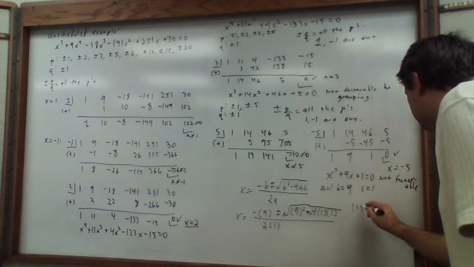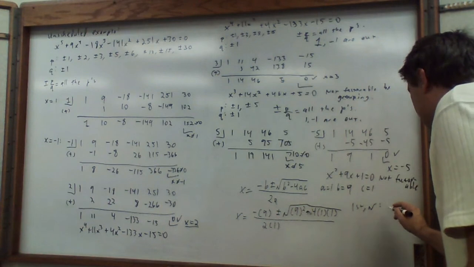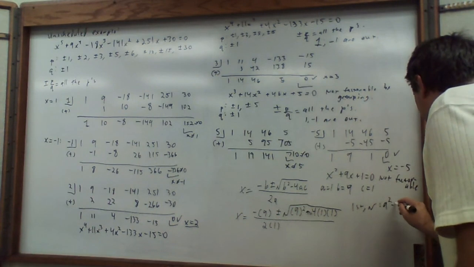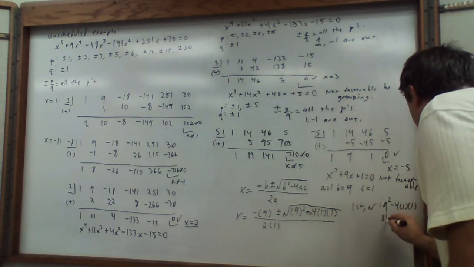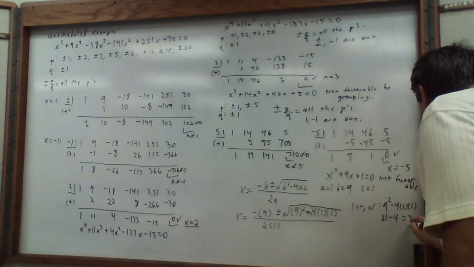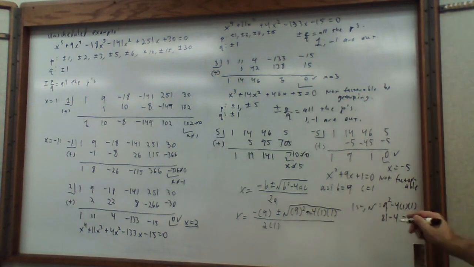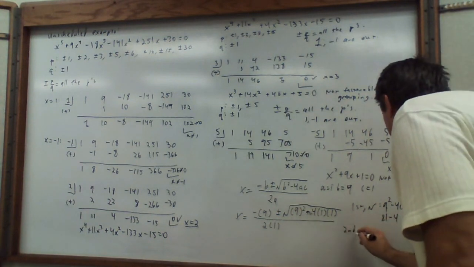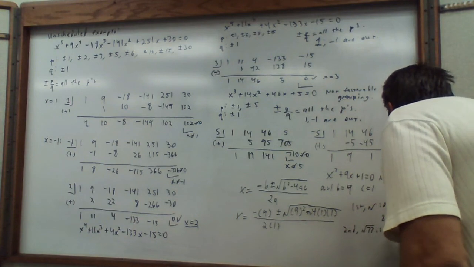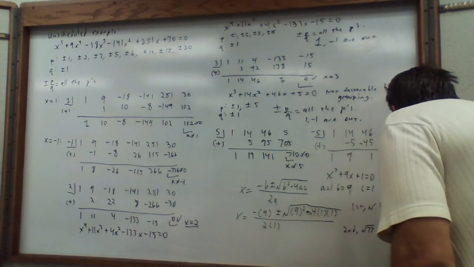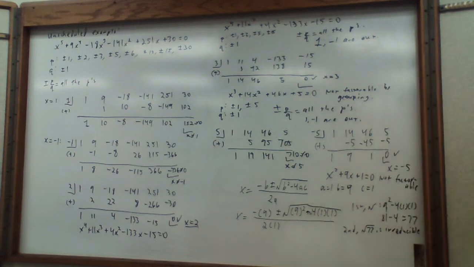First, the radical: 9 squared minus 4 is 81 minus 4, which is 77. Second, the square root of 77 is irreducible. There are no perfect squares that divide 77.